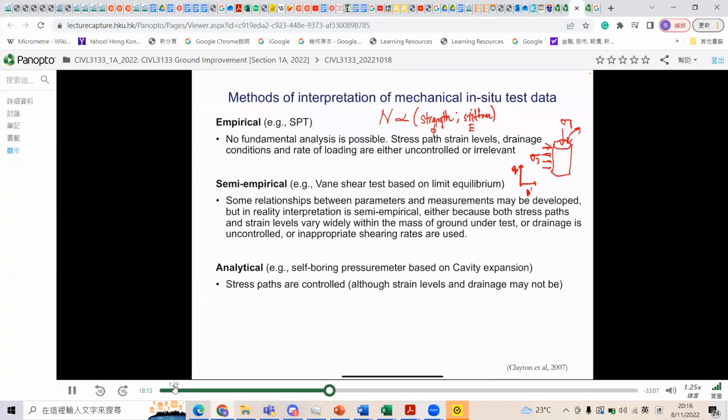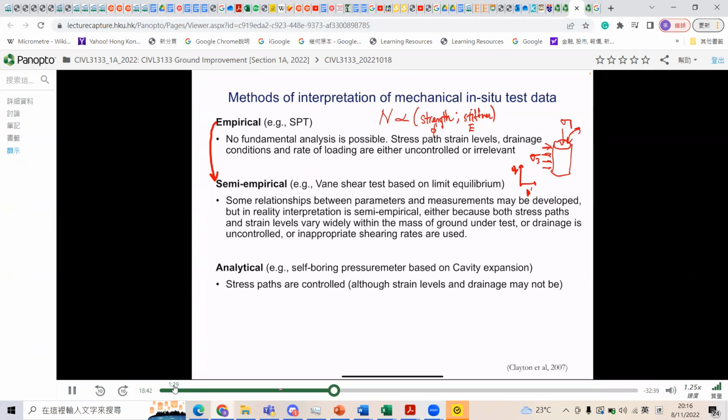If we want to become more elegant in our interpretation, then we can progress from empirical methods towards semi-empirical methods. Semi-empirical methods mostly rely on, for example, some theory and some well-founded principles.